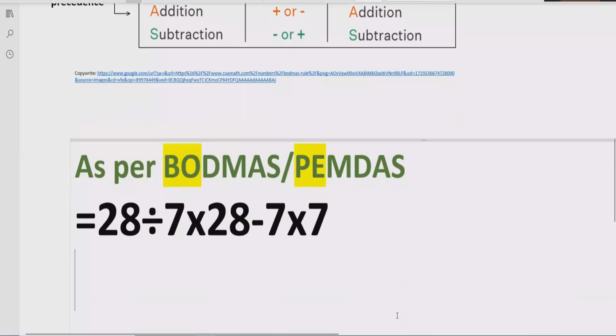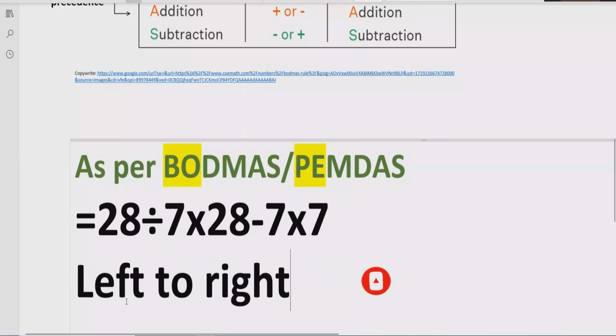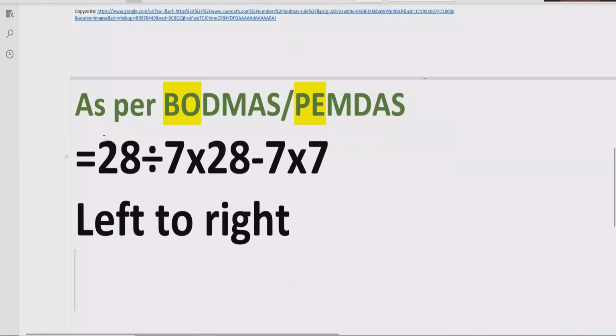Now step number three is to find division and multiplication. We go left to right in our expression. First of all, we have the division, so we solve this one: 28 divided by 7.